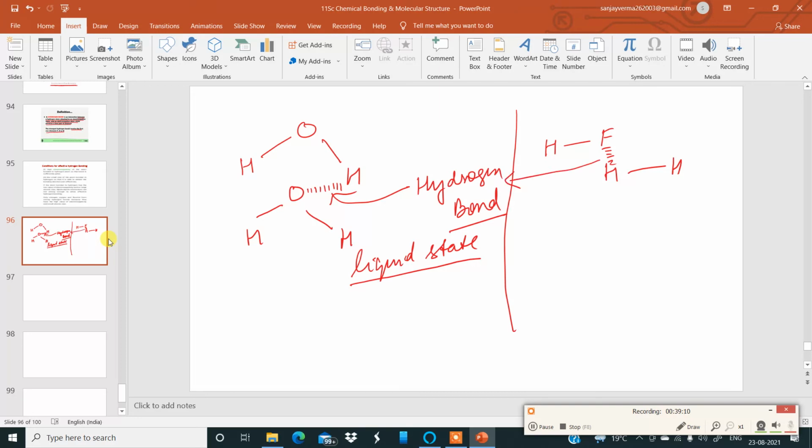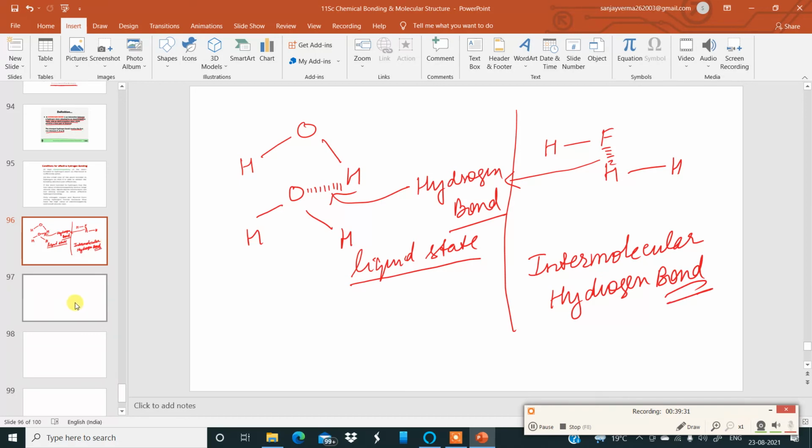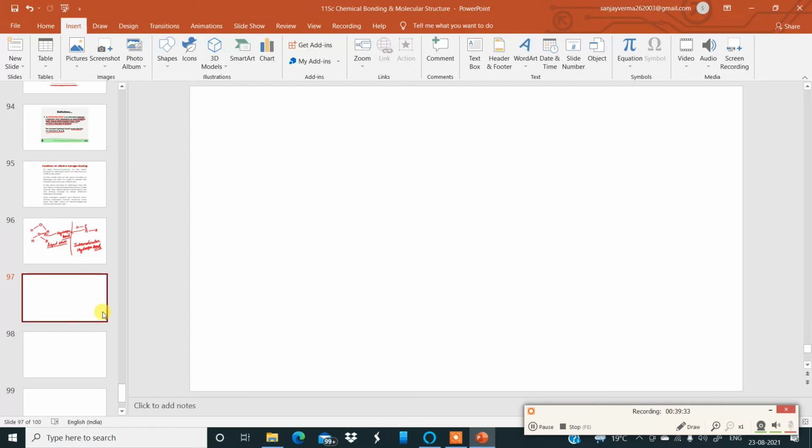The hydrogen bond you are seeing on the screen is a case of intermolecular hydrogen bond.